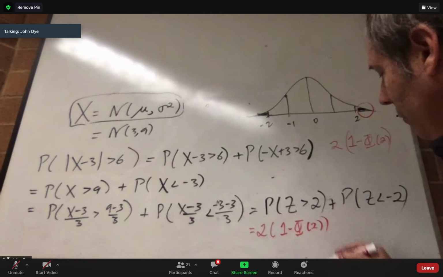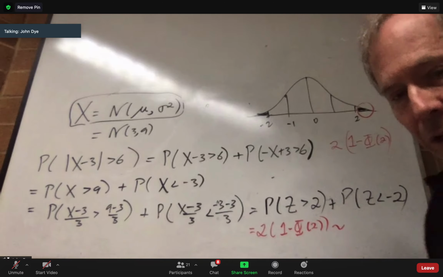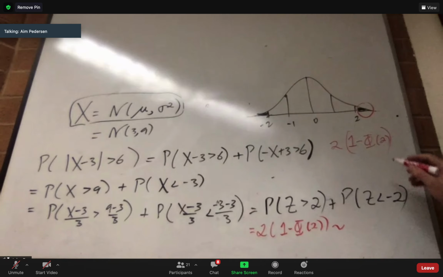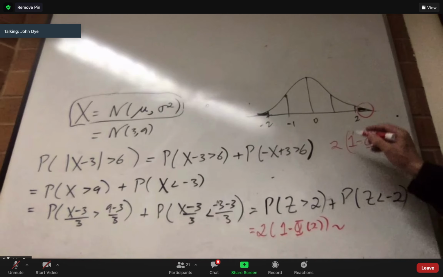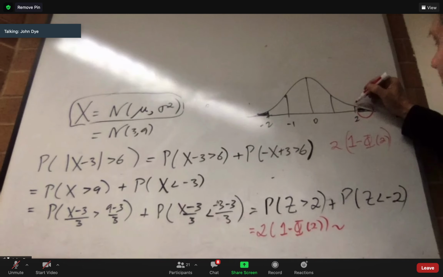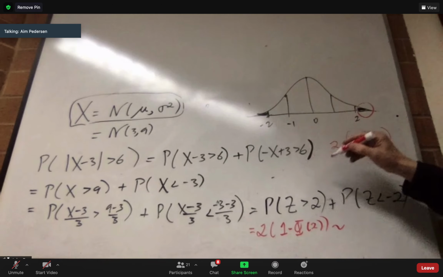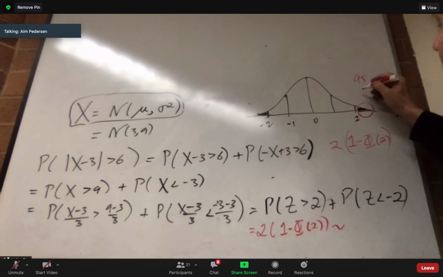And instead of looking this up on the table this time, let's just quickly get an approximation to that. Phi of 2, what? 95%, but it also has to have this little piece over here, right? Well, 95% is from minus 2 to 2.